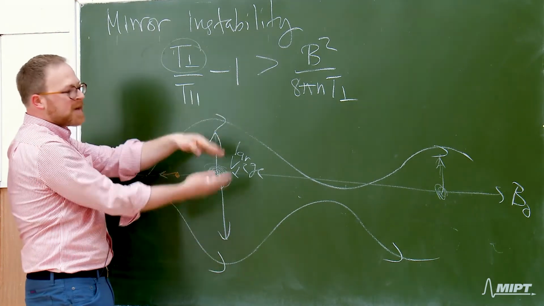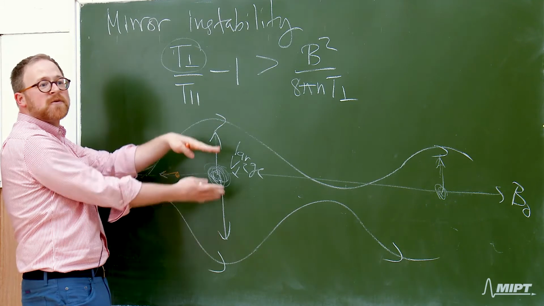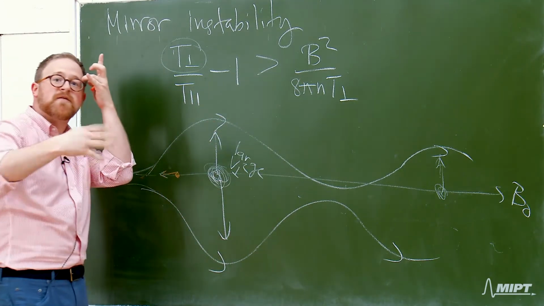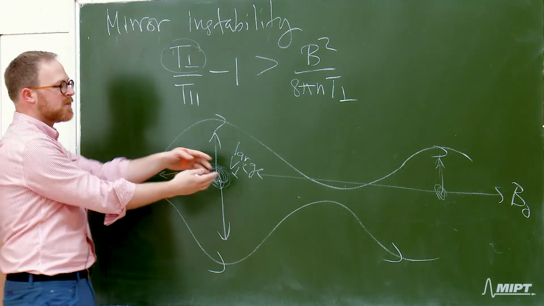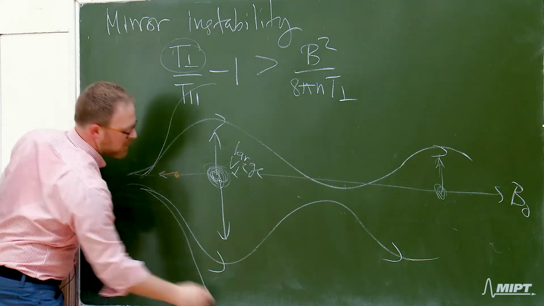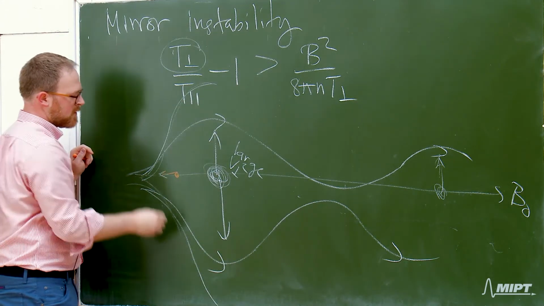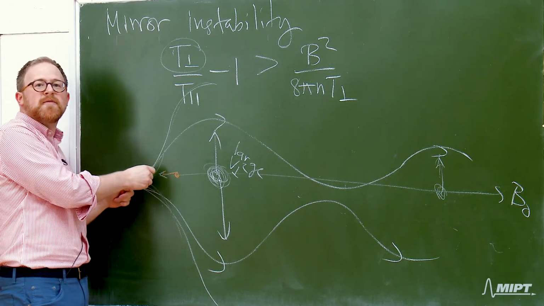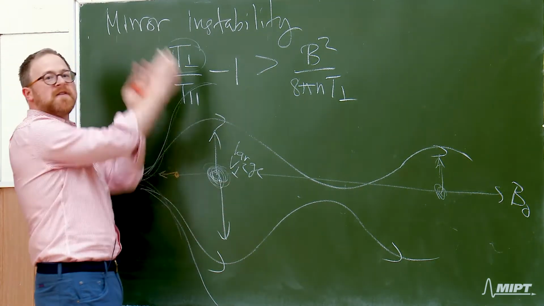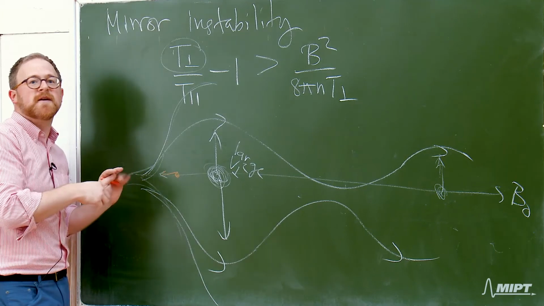And well, okay, magnetic tension and pressure can be restorative, but if this is bigger than this, those restorative forces are undermined and the field lines grow. They grow out to be even bigger. The gate gets harder to get through because the potential barrier is bigger. You just get trapped more. You blow the field lines out more, and the whole process runs away.